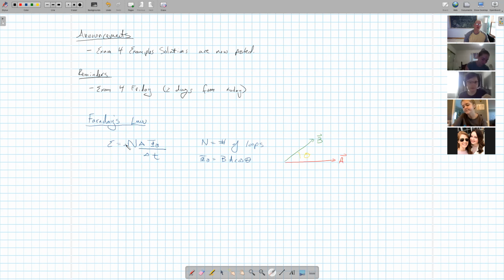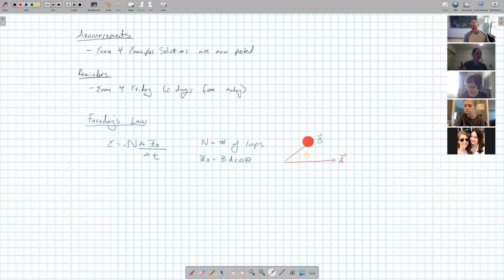That is equal to, again, negative. That negative sign is what we call Lenz's law, and the way it's induced is opposite to the direction of the change, times the number of loops times the net time-changing magnetic flux. Again, magnetic flux is the magnetic field times the area times the cosine of the angle between the two.